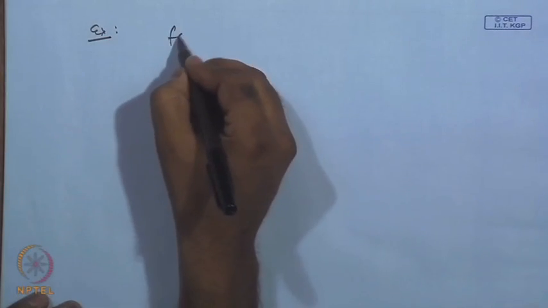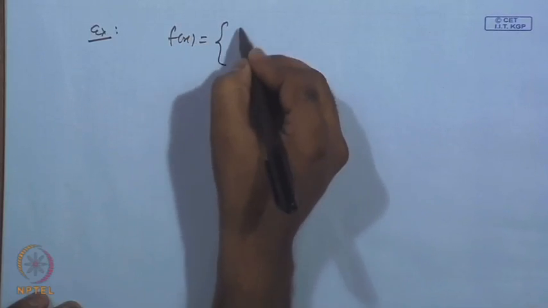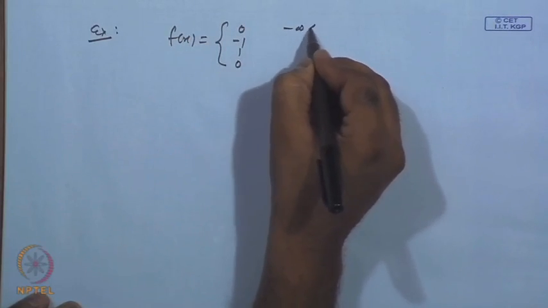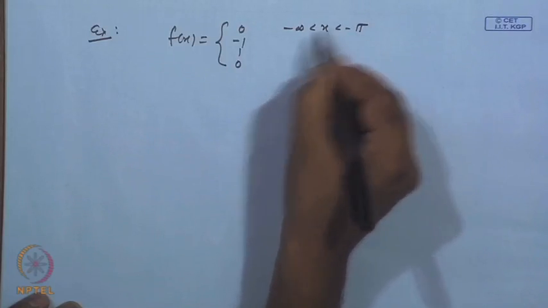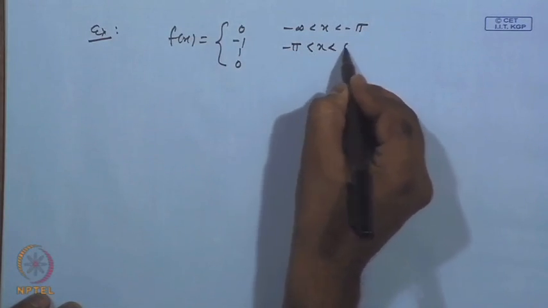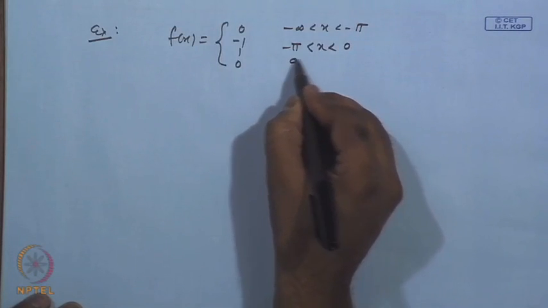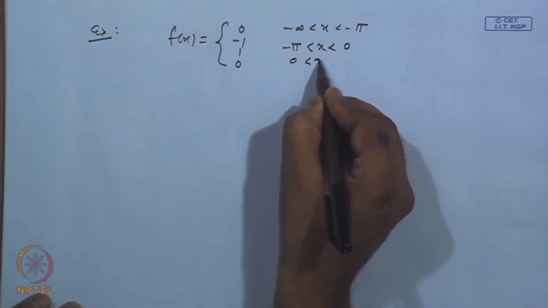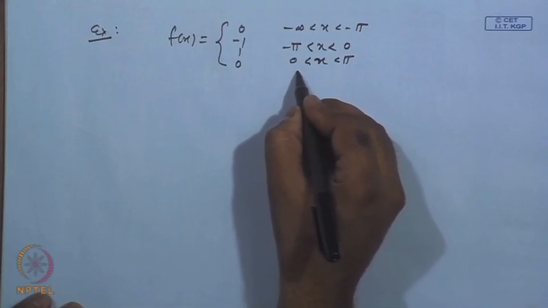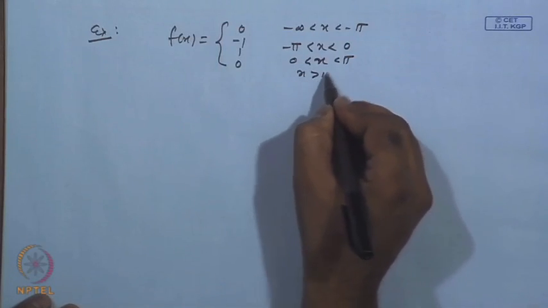So, we consider this function f(x), which is 0, minus 1, 1 and 0. So, 0 when x is from minus infinity to minus pi, minus 1 when minus pi to 0, and 1 when 0 to pi, and this is 0 when x is greater than pi.